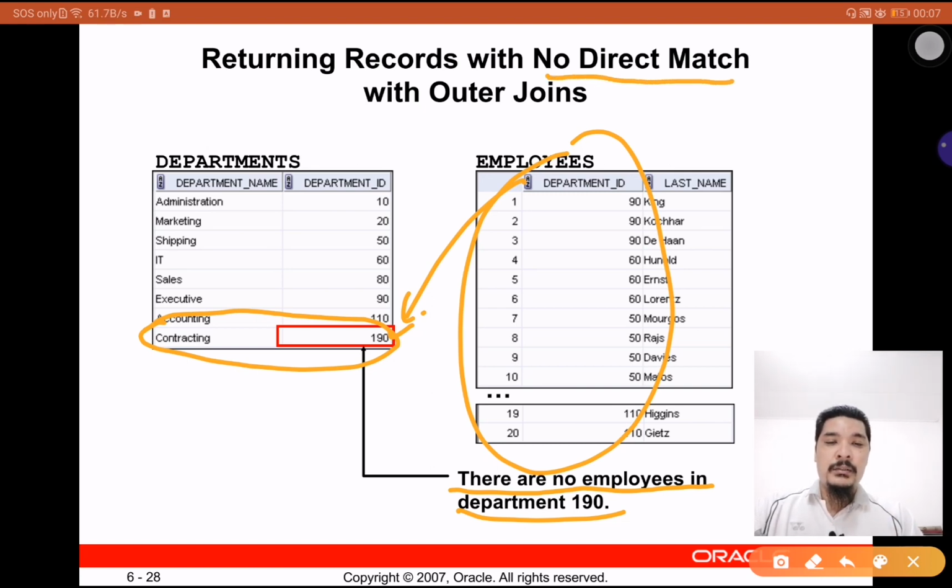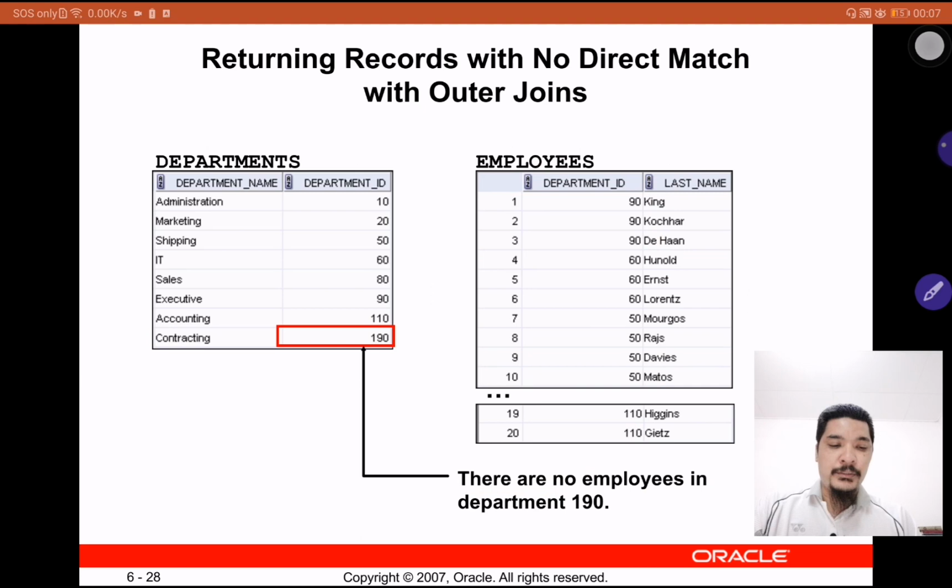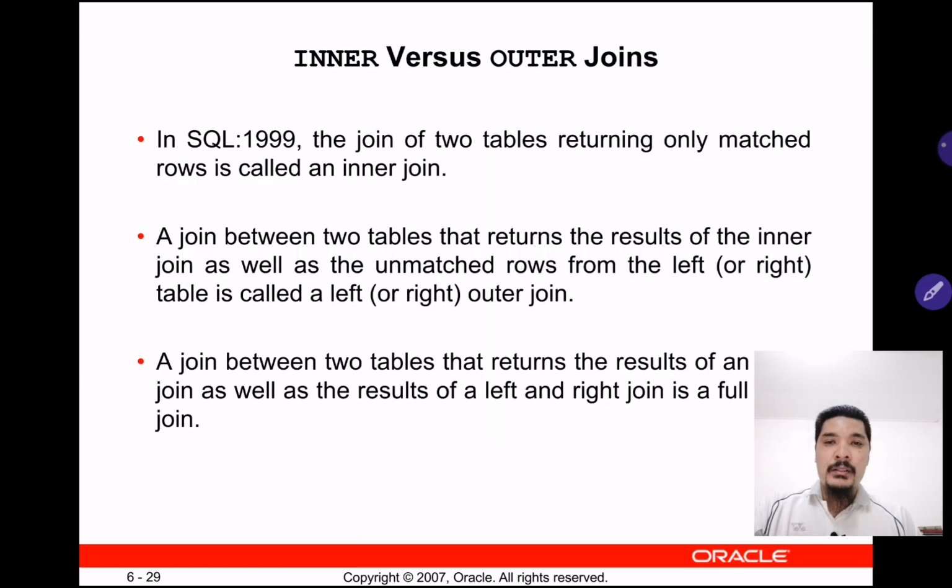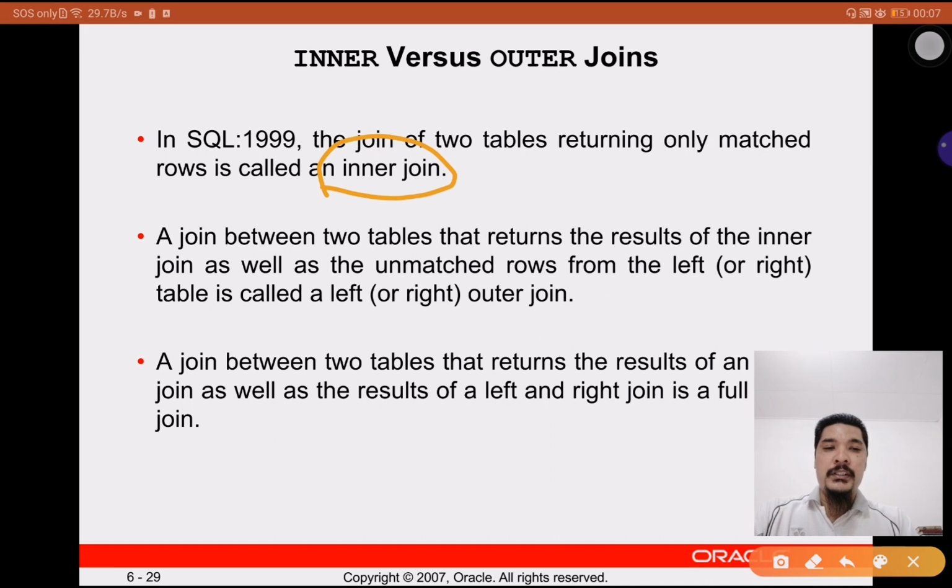So we can also find this department, even though there are no employees inside the department. Let's move to the next one. In SQL 1999, the join of two tables returning only matched rows is called inner join.